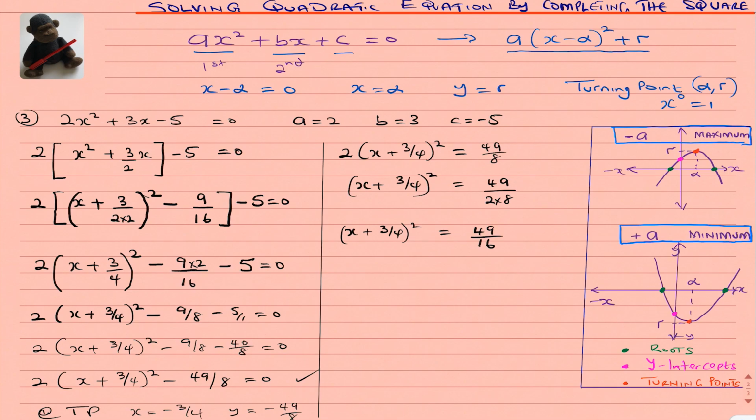Now I need to square root both sides, so I'm getting x plus 3 over 4 equals plus or minus 7 over 4.